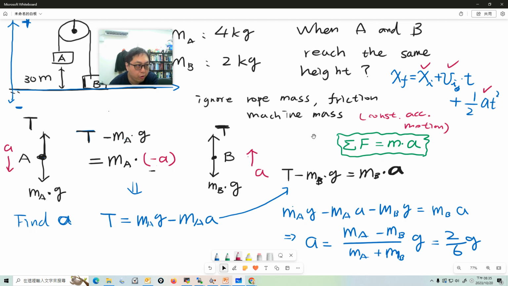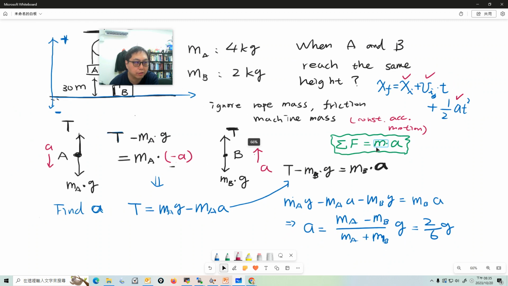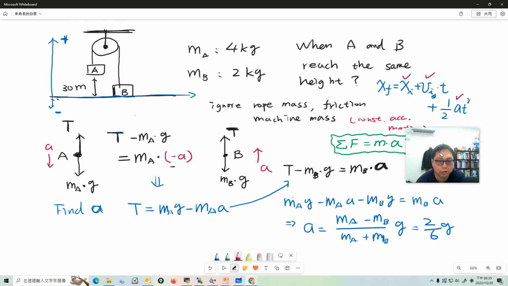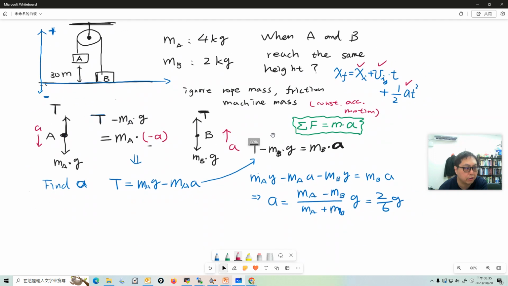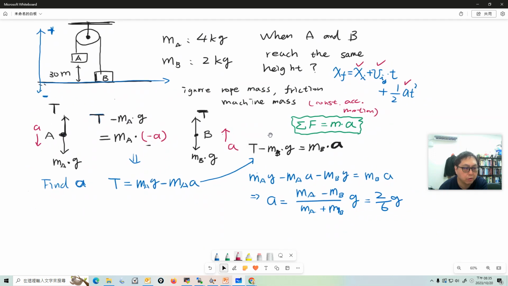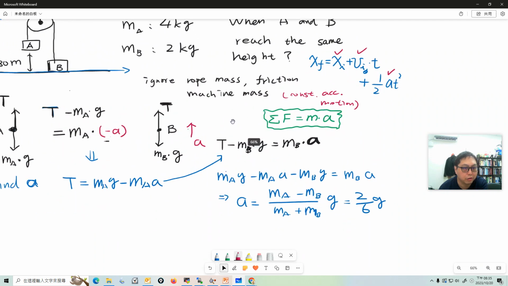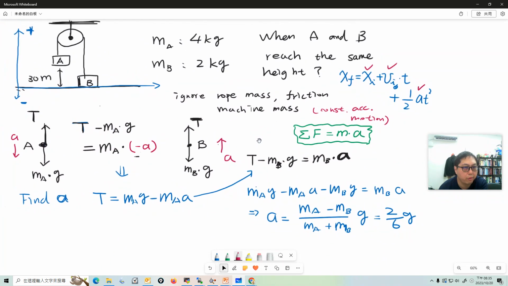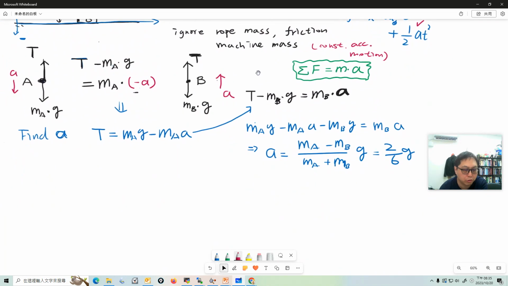So finally, when A and B reach the same height, we just write down the equation of motion for A and B. I need more space. Okay, we write down the equation of motion.